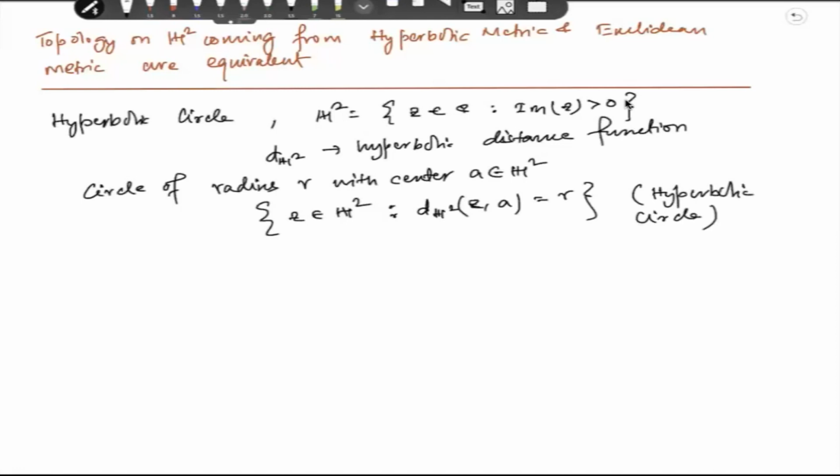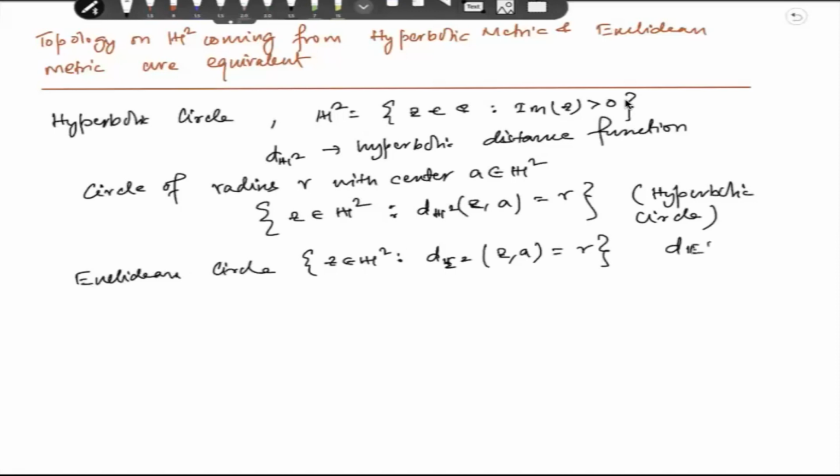And on this upper half plane, you also have the Euclidean metric. So what is my Euclidean circle? Again, it is the same thing: z belongs to this upper half plane, and d_E2 is the Euclidean metric on the upper half plane.